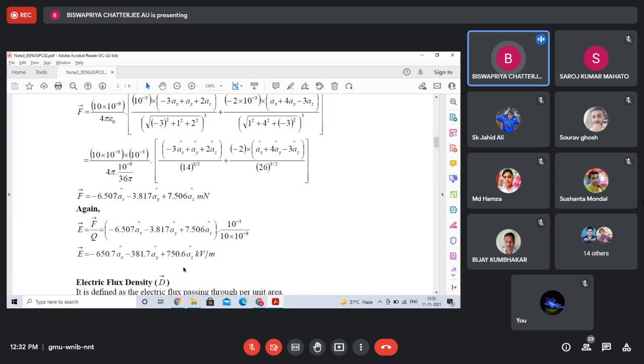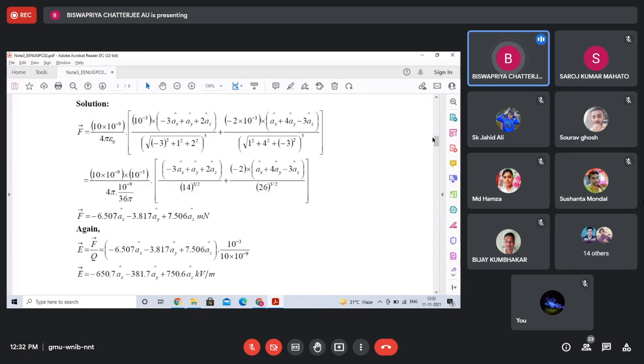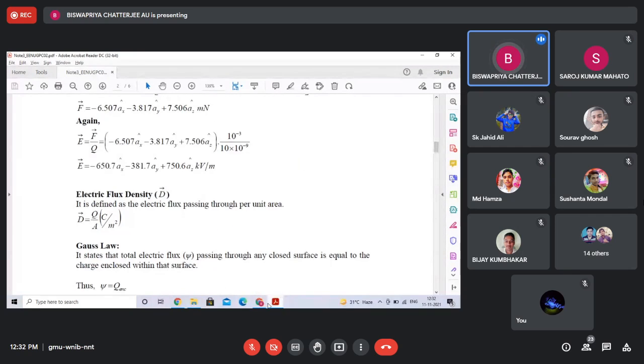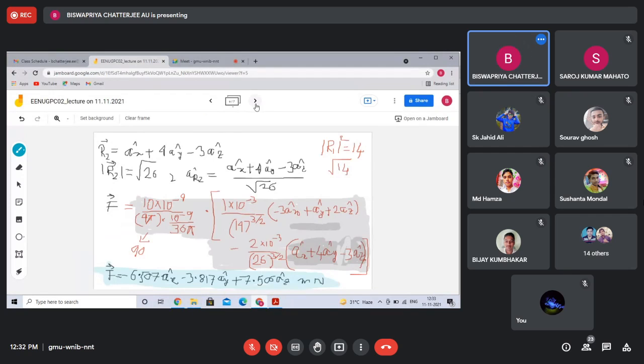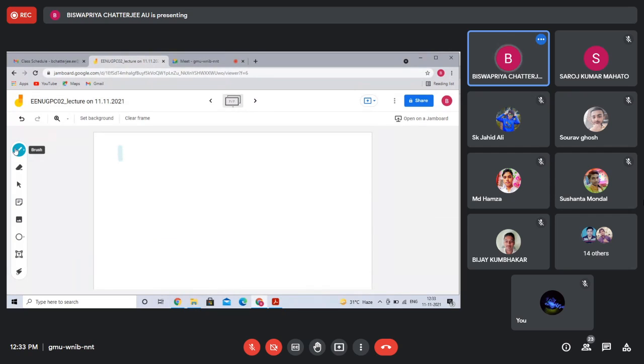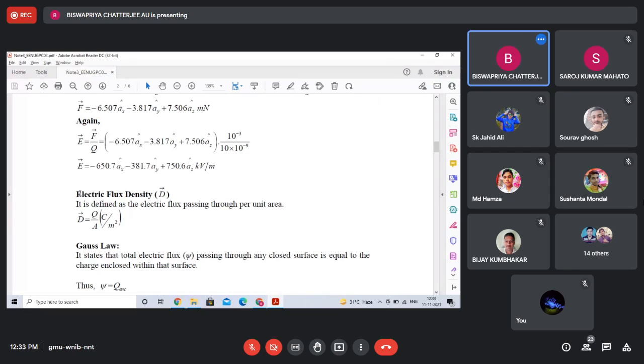So our next topic is electric flux density. Once you have introduced electric force, and from there, force per unit charge, which is basically electric field intensity, now we are in a position to introduce another parameter, a new concept, that is electric flux density.